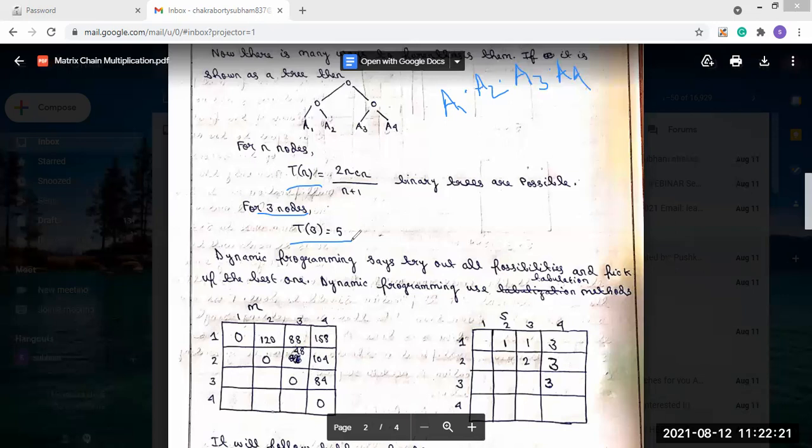The best one according to what? The best one according to the number of multiplications. So using dynamic programming, we will solve matrix chain multiplication.